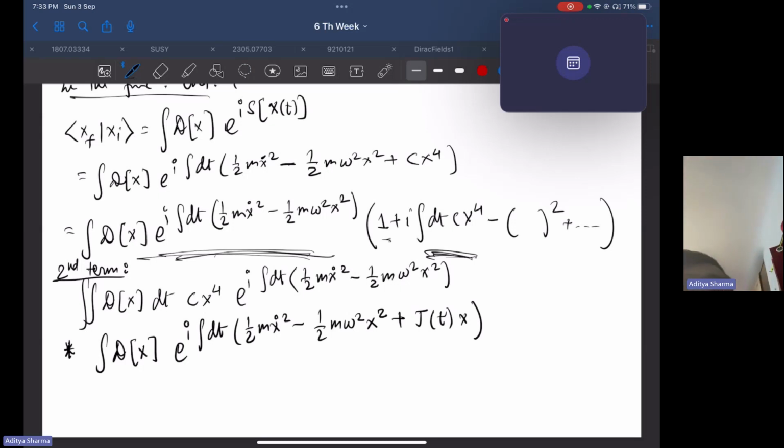Here J of t is some function which we will call the source, or the generating functional.